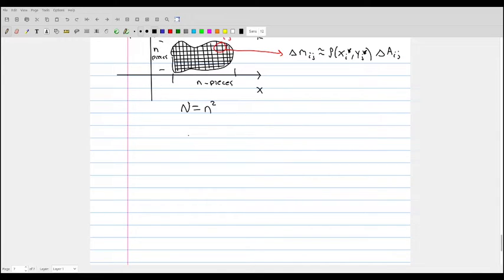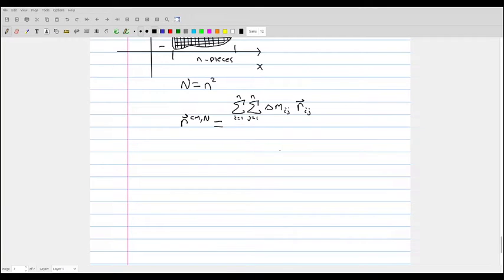Using the formula from before, the center of mass for these n pieces is going to be equal to the summation over every piece, which is the double sum from i equals 1 to n and from j equals 1 to n, of the mass of that piece, which is delta m ij, times the position of that piece, which is the sample point, and this is going to be divided by the sum of all of the masses of each individual piece.